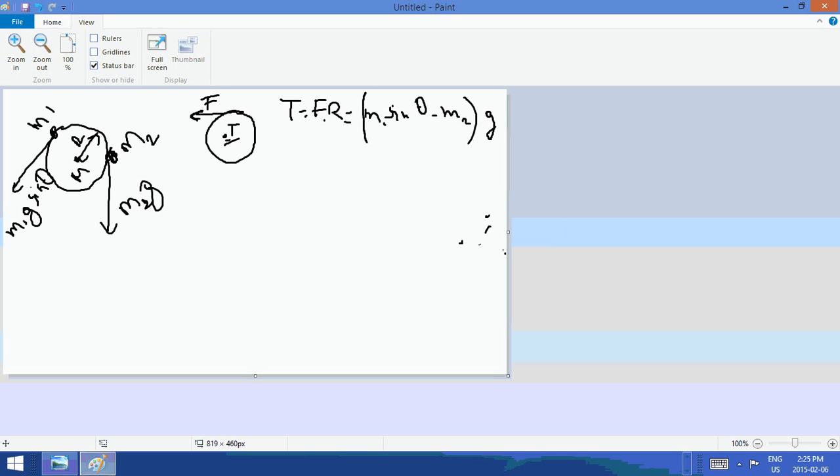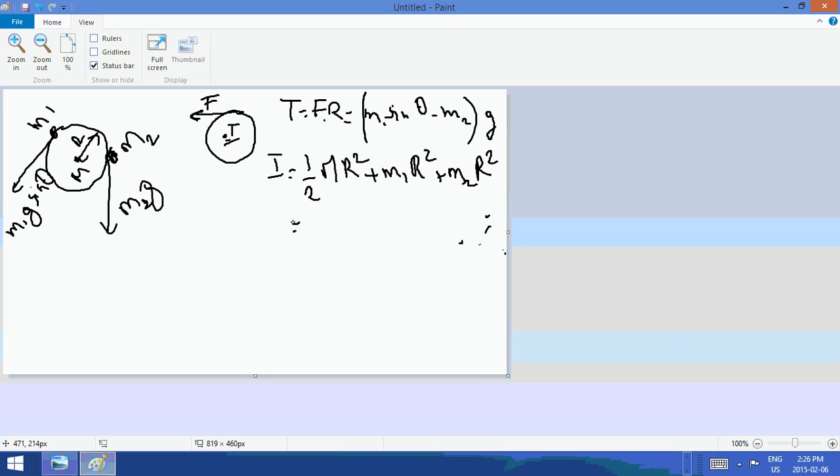Okay, that's the torque. And I, which is the inertia, becomes half of m r squared, which is the inertia of the disk or the pulley, plus m1, which is at distance r squared, plus m2, which is at distance r squared.